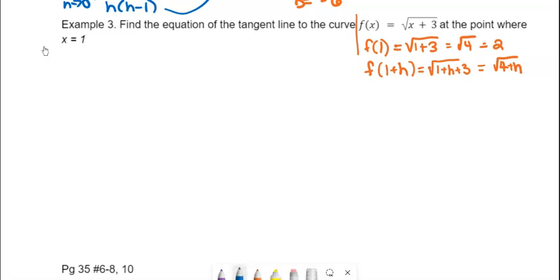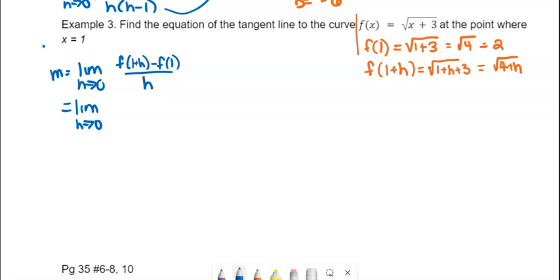All right, because I'm going to go the slope as the limit of h approaches 0 of f at 1 plus h, take away f at just 1 over h. And now that I've found those things, I'm just going to plug them right in.